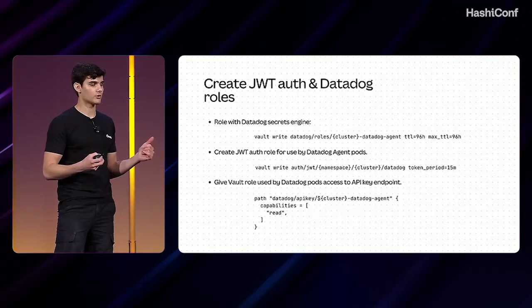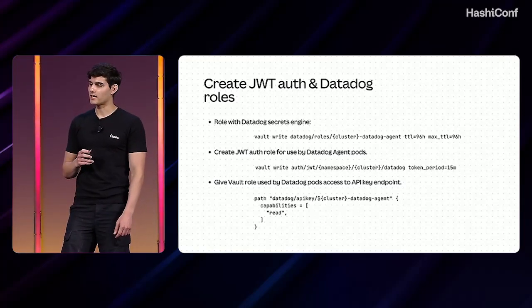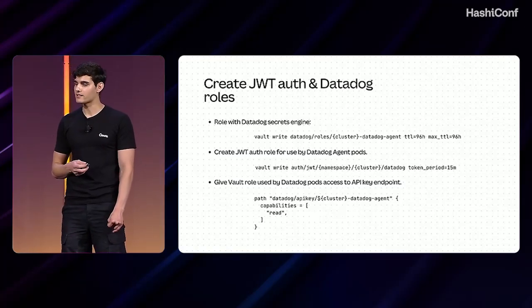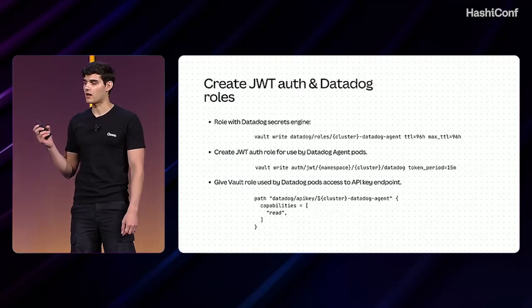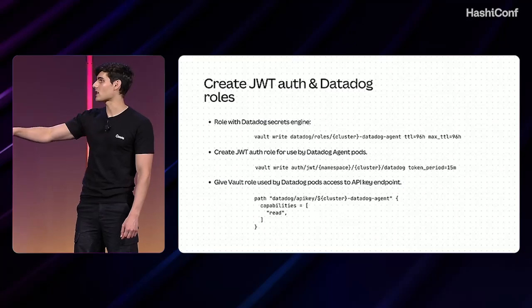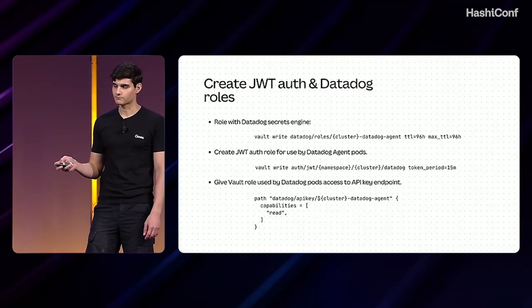They'll also be revoked. You may be wondering why we use JWT auth rather than Kubernetes auth in this case. We actually prefer JWT auth because it doesn't require bidirectional connectivity between Vault and the target clusters, which makes networking much, much easier.